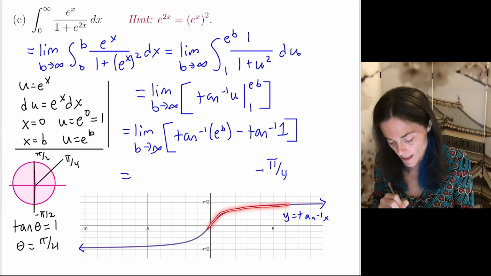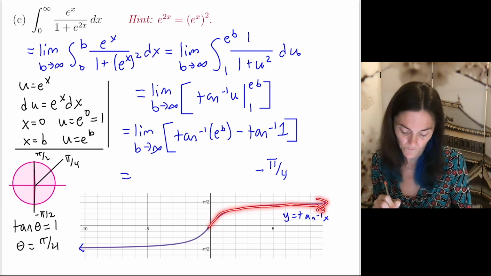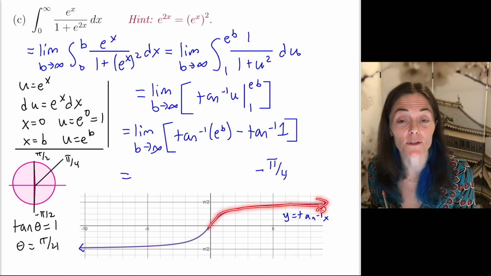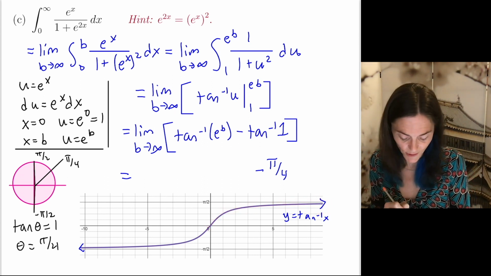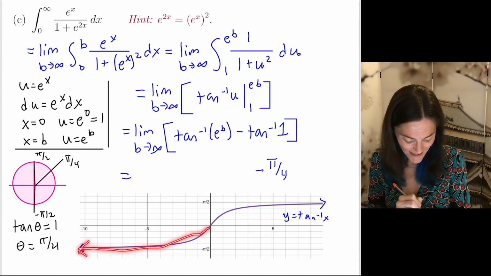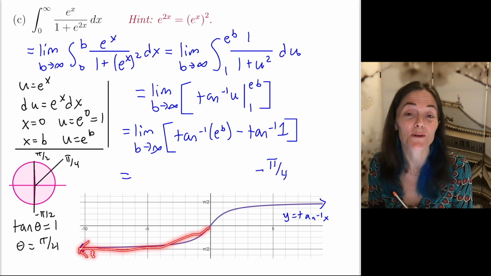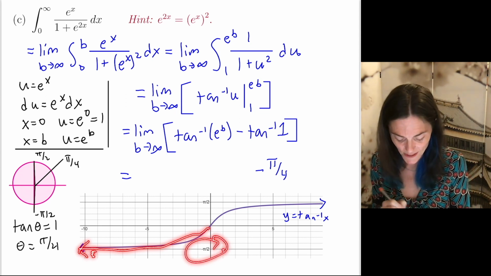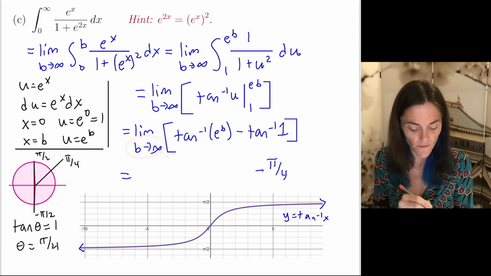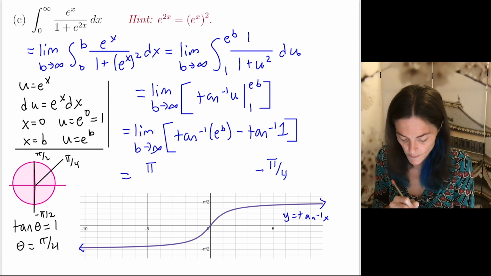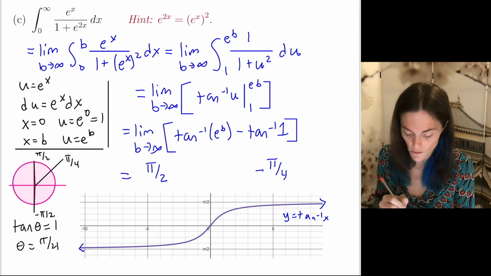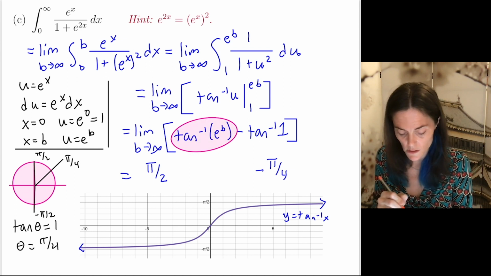And here the limit as x goes to infinity of tan inverse x is pi over 2. Similarly, the limit of tan inverse of x as x approaches minus infinity is minus pi over 2. But I'm interested in positive infinity here. So this one is pi over 2. Maybe I should circle that. This approaches pi over 2.